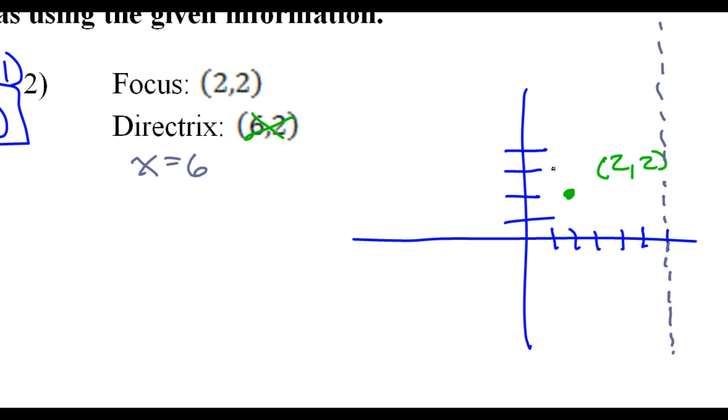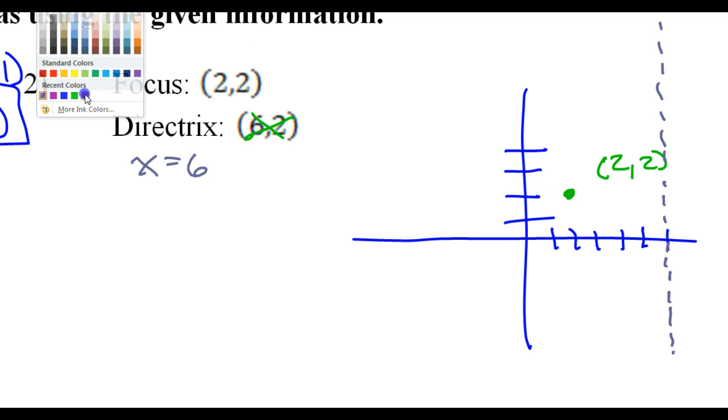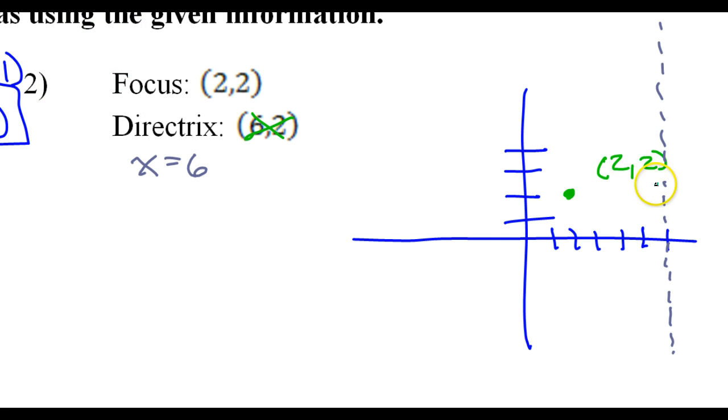So there's my directrix. Right now you should be picturing where the vertex is going to be. Well, if this is at 2 and this is at 6, right in the middle, it should be at 4, because that leaves me 2 to the right, which takes me to the directrix, and 2 to the left, which takes me to the focus.